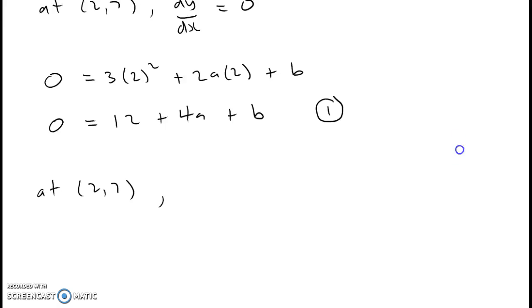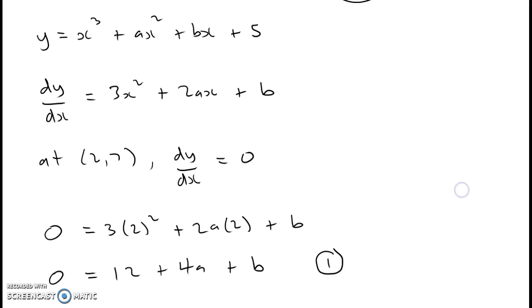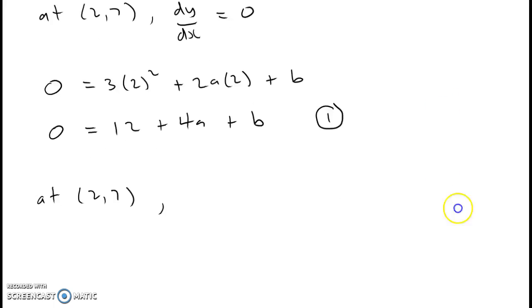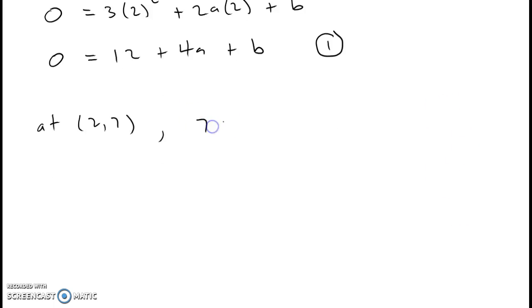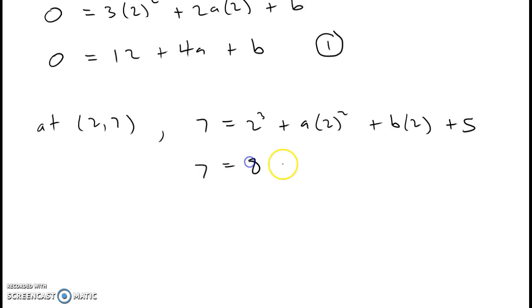If I just sub that in here, we'll get 7 equals 2 cubed plus a times 2 squared plus b times 2 plus 5. So we'll get 7 equals 8 plus 4a plus 2b plus 5.